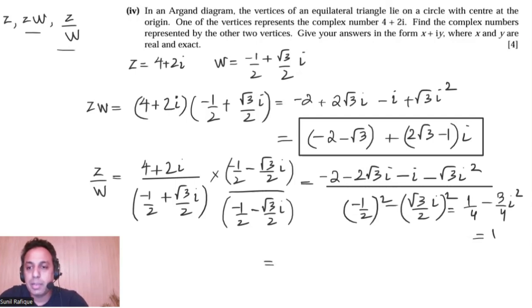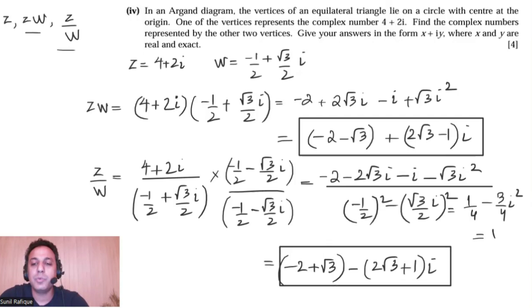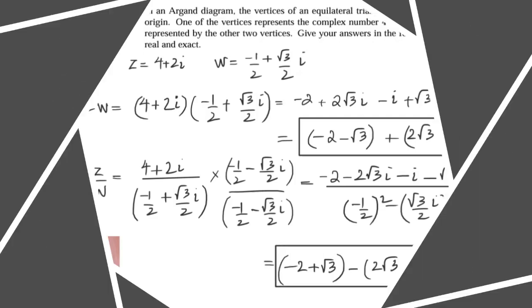So now I'm left with -2 + √3. That's the real part. And I mean, I can factorize the negative out, no compulsion. Plus 1, and that's i. So these are my answers for this fourth part.